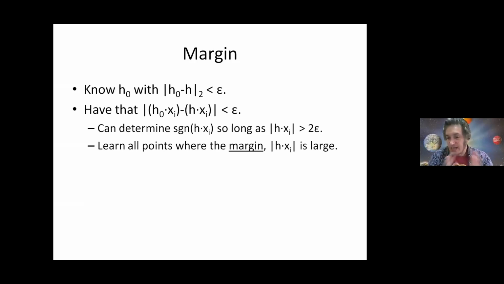This means that for any one of our points x_i, if H dot x_i were more than 2 epsilon, then the epsilon approximation to the dot product is sufficient to learn the sign of H dot x_i. So we can learn the value of our function on all points where the margin, by which we mean the absolute value of H dot x_i, is large.